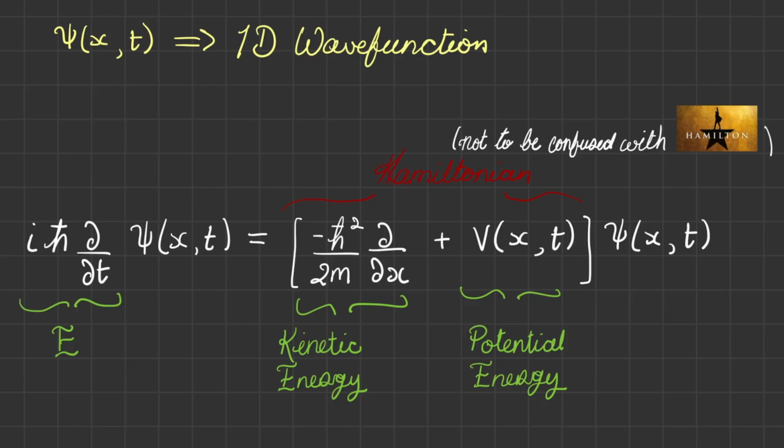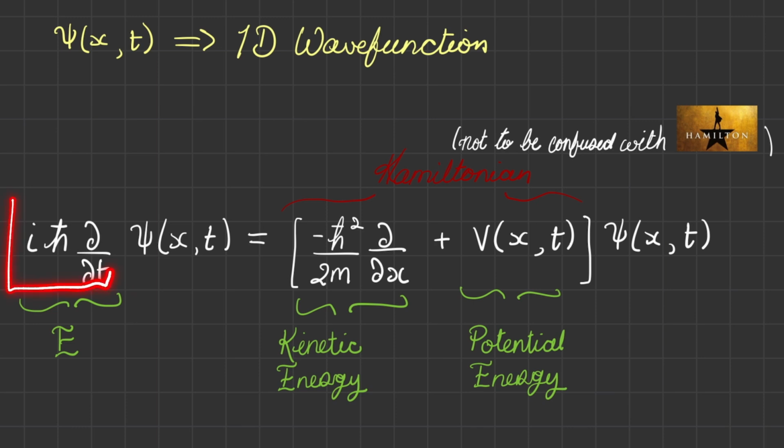Looking at the right-hand side, the term inside the brackets represents the total energy of the system, kinetic plus potential. We have a fancy name for this quantity because we use it all the time. It's called the Hamiltonian. On the left, we have the time derivative of the wave function. So we're looking at how it evolves over time.